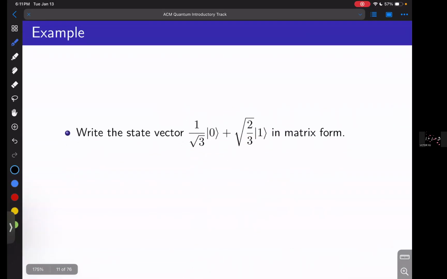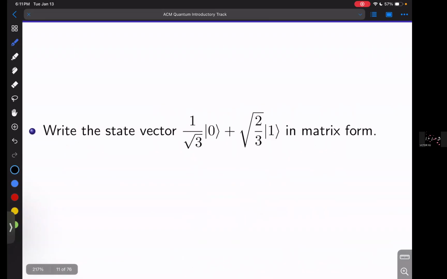Here's an example question. Let's say we have this state right here, which is 1 over square root of 3 times ket 0 plus root 2 over 3 times ket 1. And we want to convert that to matrix form. Anyone want to tell me what that would look like?